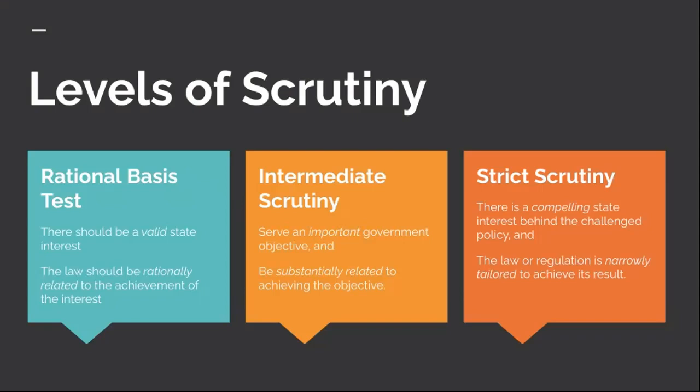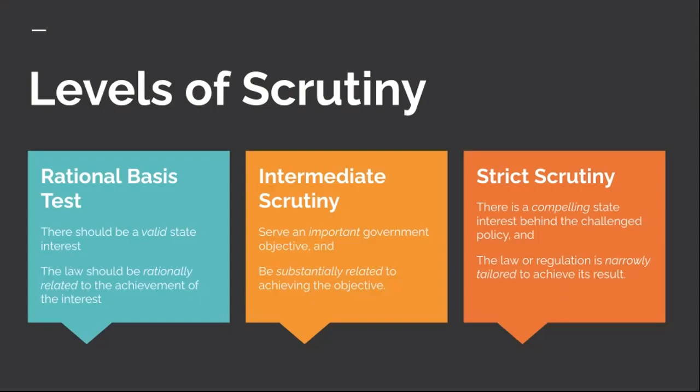Even if solving the pandemic is a compelling state interest, it's not narrowly tailored to achieve its result because there are less intrusive means of getting that result, like enforcing social distancing, information drives, vaccination drives, etc. Right? Or incentivizing people to get vaccinated.